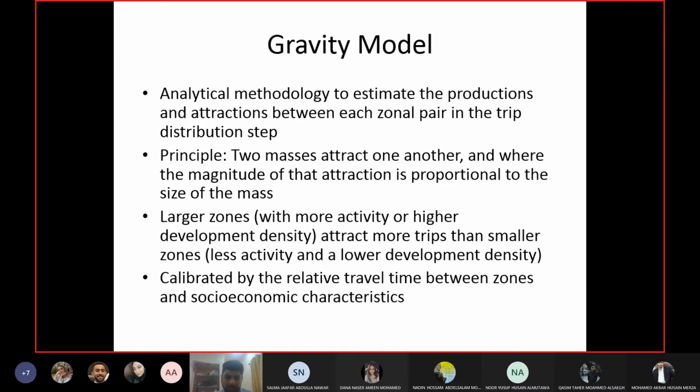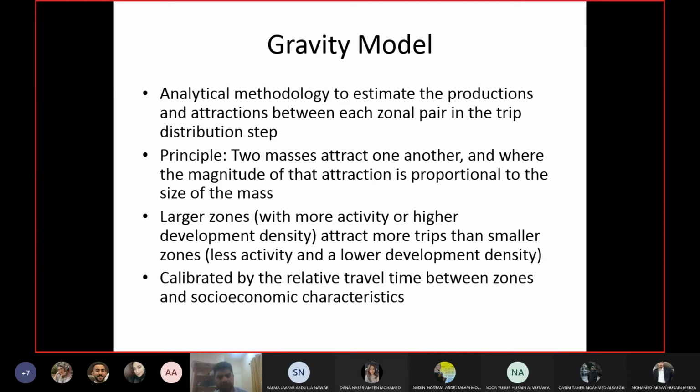Okay, so according to this principle, larger zones, like I said, larger masses, will have more force of attraction. In terms of trip distribution, larger zones means zones which have more population, more development, more activities. When we say more mass, we mean the mass of the activity, the mass of the development in that area.